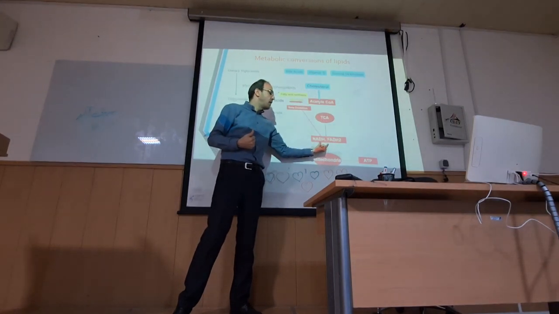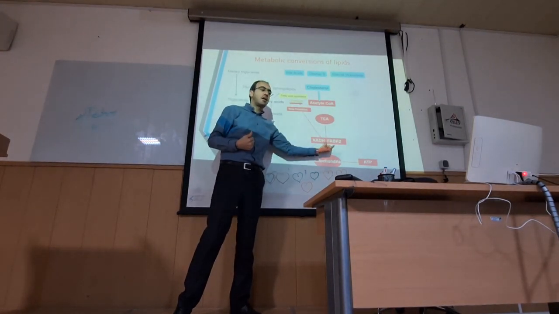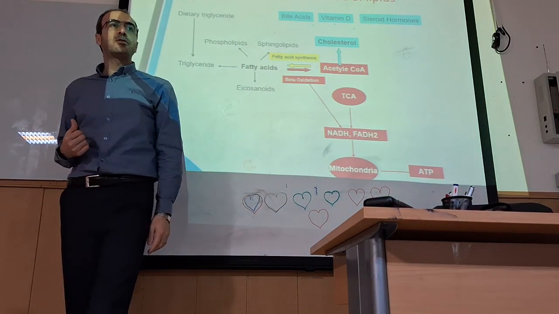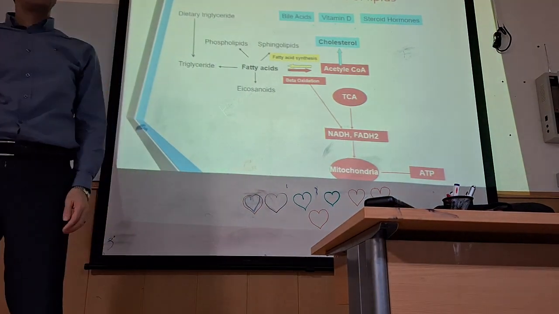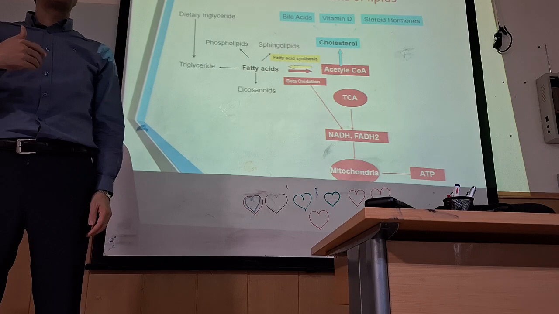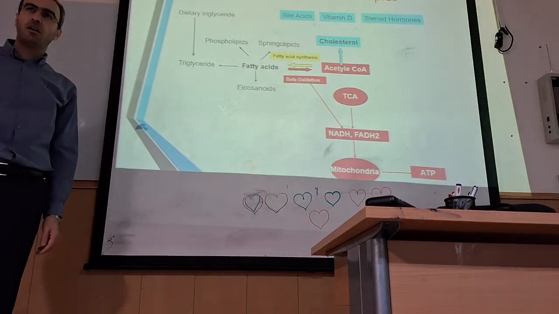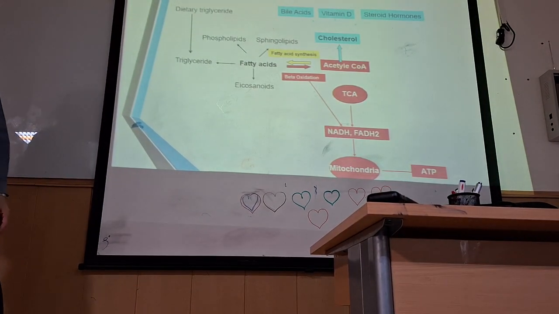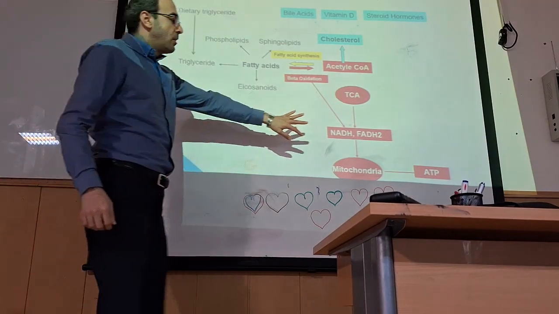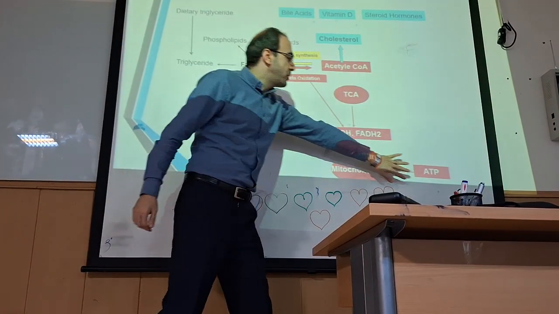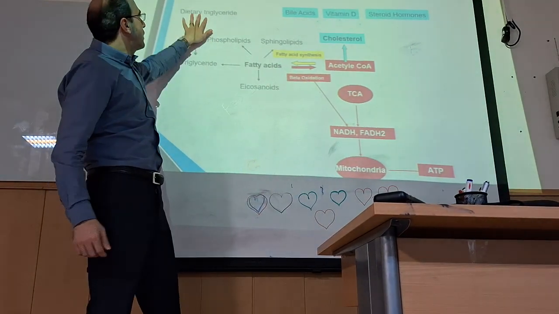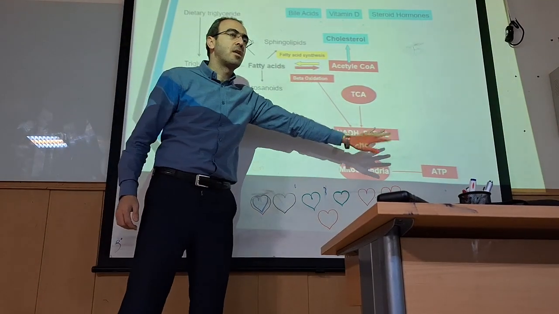Then it produces NADH and FADH, which convert to ATP in the electron transport chain, which we will study in the last session. Again, I will teach that. So we can produce ATP from dietary triglyceride.